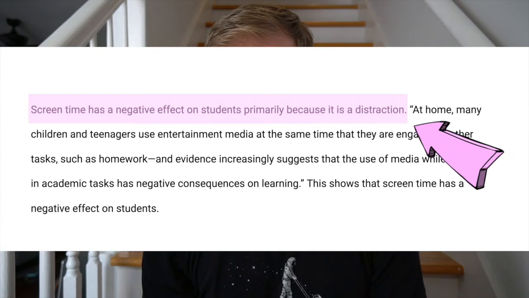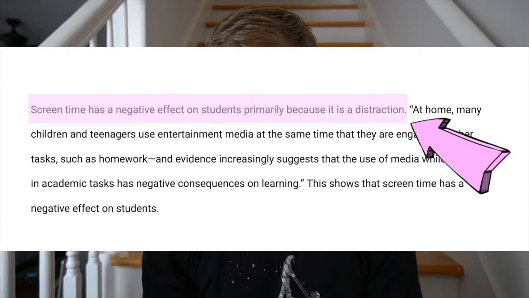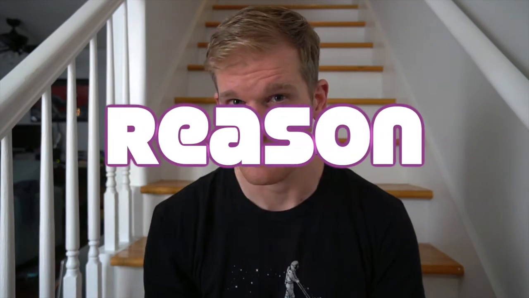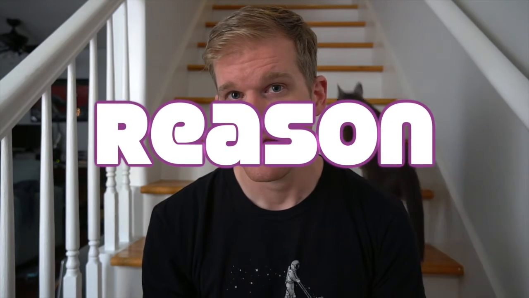So I wrote a paragraph and I want to talk to you about what it is I'm looking for here. So the first thing that I want to make a point about is screen time has a negative effect on students primarily because it causes a distraction. So that's my point. That's the reason why screen time has a negative effect on students.